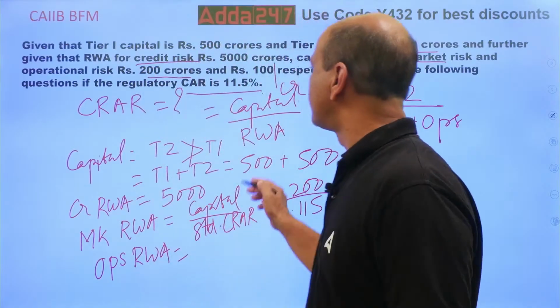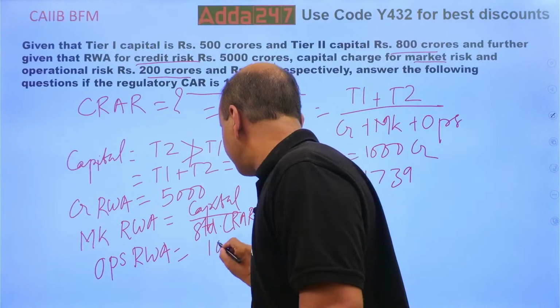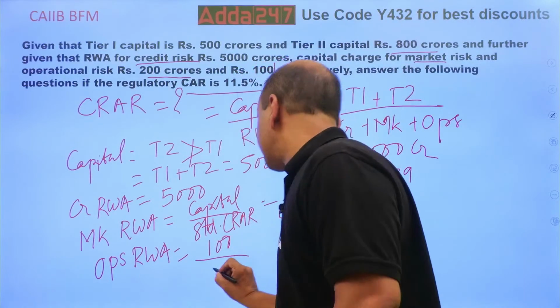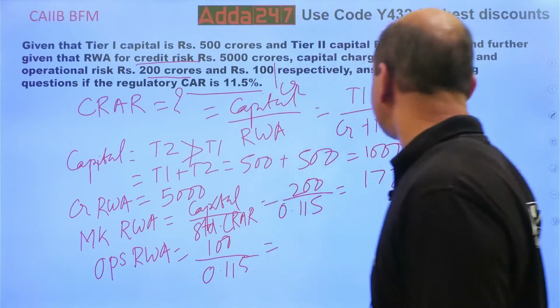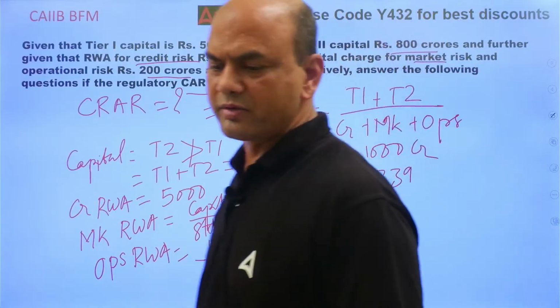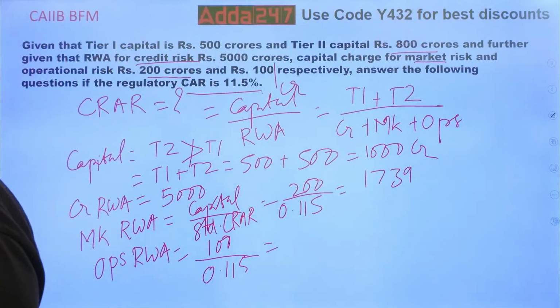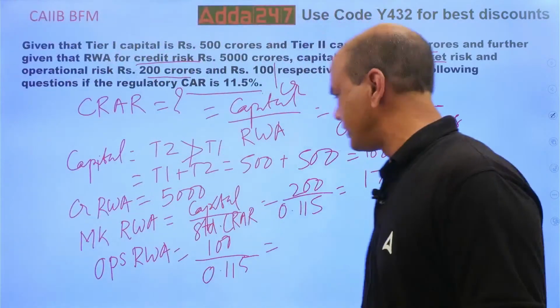Same formula. What is the capital given for ops? 100. So 100 upon the same CRAR, 0.115. That will be half of this, isn't it? This is 200, that is 100. So for ops it will be 869.